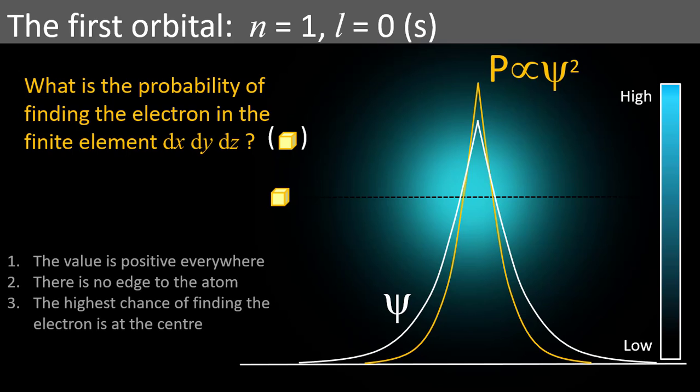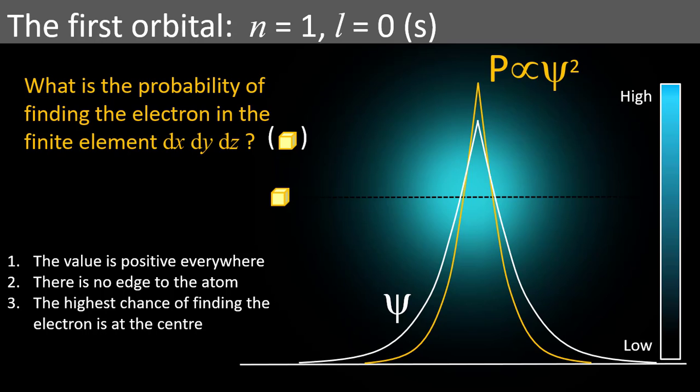The value is positive everywhere. That's good. You can hardly have a negative probability. Perhaps surprisingly, the place where there is the highest chance of finding an electron is at the nucleus. Also, this probability gradually decays, asymptotically, to 0. It never actually reaches 0 as we move away from the nucleus.